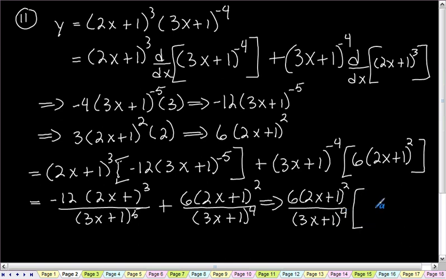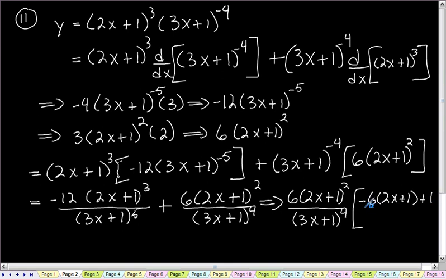On the inside, I'm left with minus 6 times (2x plus 1) times (3x plus 1) to the first power plus 6. Yeah, plus 6. No, plus 1. I took out a 6.